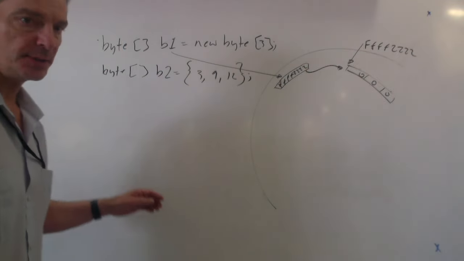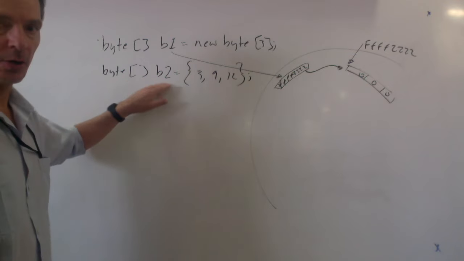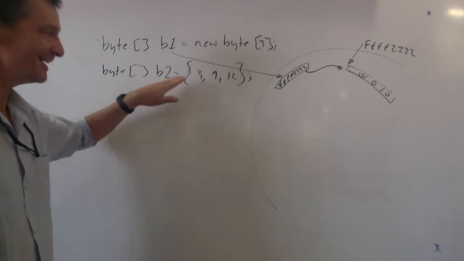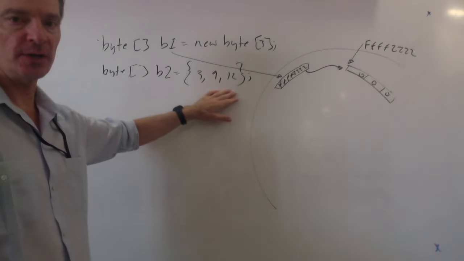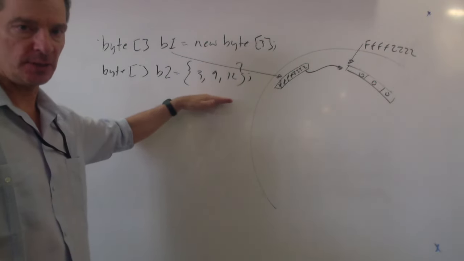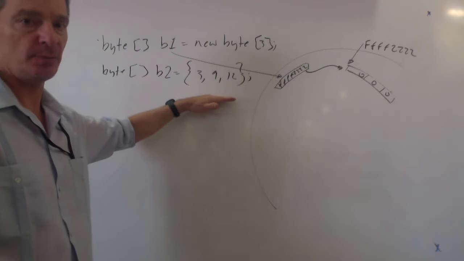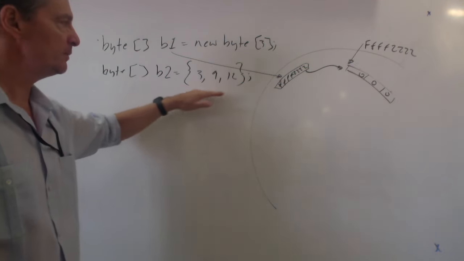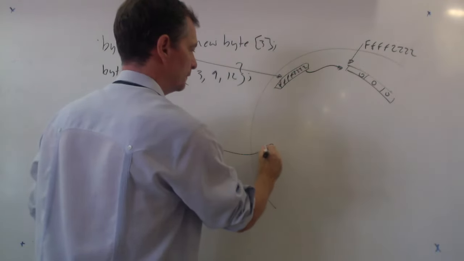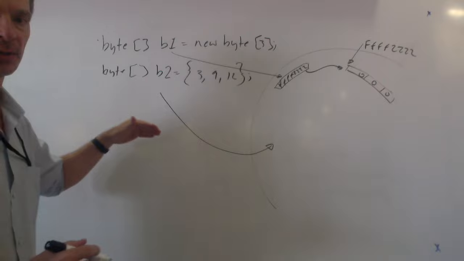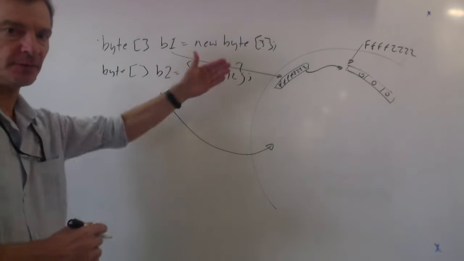That is saying that there's this byte array called B2, which is 3 and 9 and 12. There's no need later on to add those values. We just know from the start that's what it is. So explicitly we say from the start that's what B2 is. Which means that B2 actually is the array. There's no pointer, there's no reference, it just is.